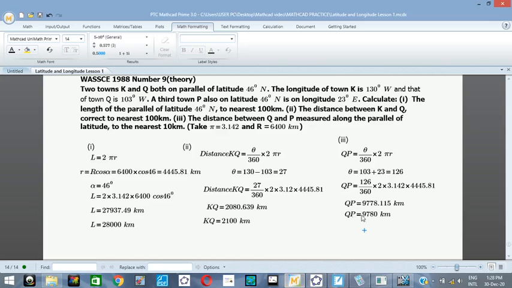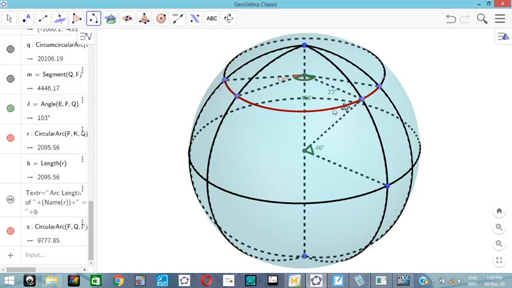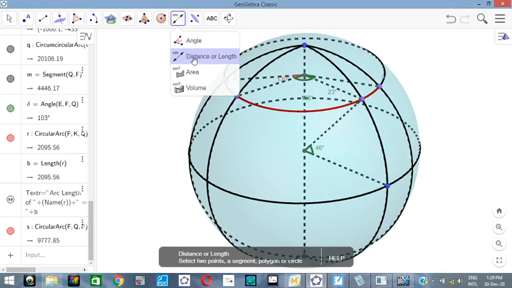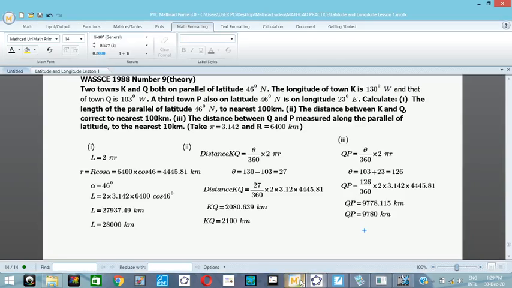And if I check now, let me check our result for QP. You see we are going to have this 9778, maybe a small approximated value on this place. We are going to have a close answer here. So if I measure QP, let me create an arc for it also. If I measure from Q down to P, let me take the red color because of time. So if I come here and get my length of QP, you can see it, 9777.85, which is very close to our result.